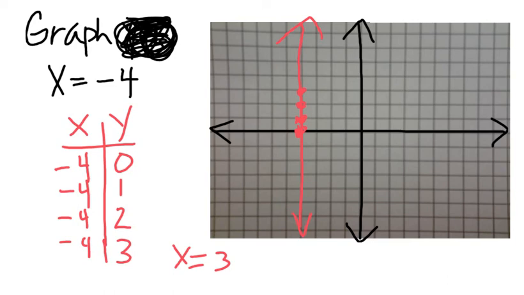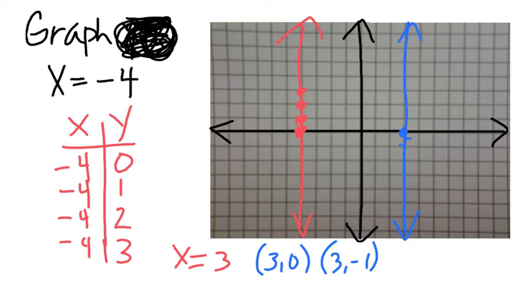Well, x equals 3, wouldn't that be points like 3, 0, and 3, -1, because x equals 3. So you go over 3, 3, -1, and you start to see real quickly that that's going to be a vertical line at 3. So every vertical line is easy to graph.